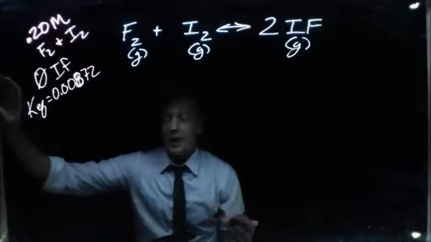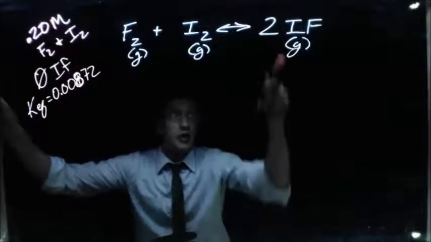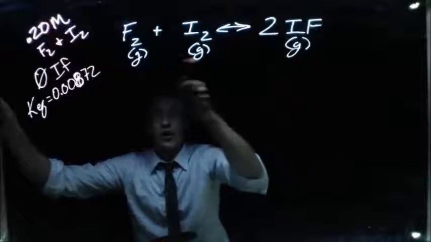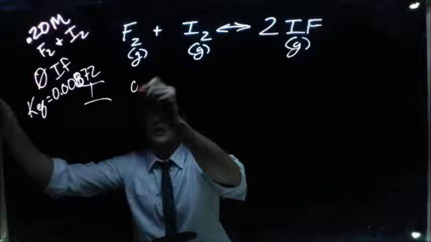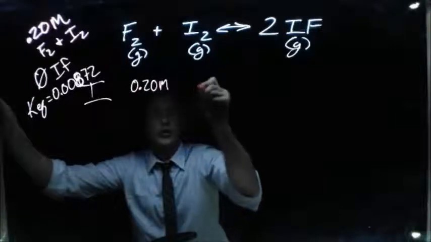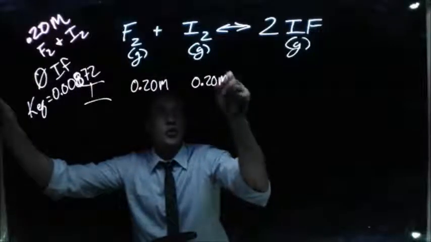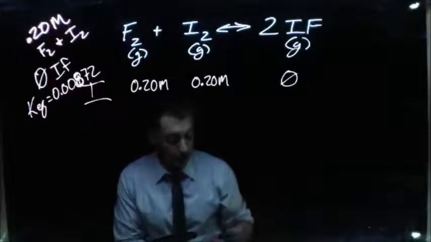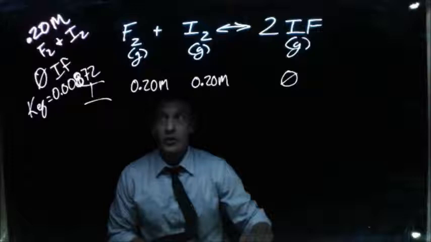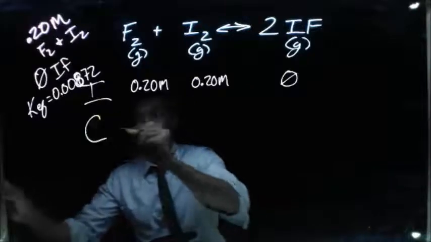So we know that it has to shift towards the products because there are no products and there are reactants present. So initially we have 0.20 molar, 0.20 molar, and 0 of the iodine monofluoride. What change is going to have to occur?